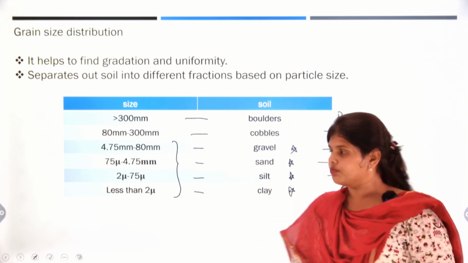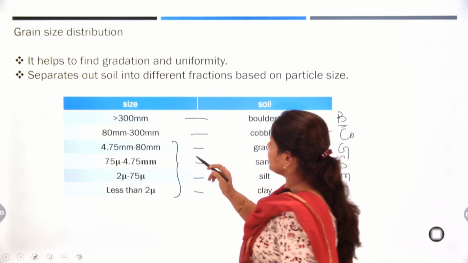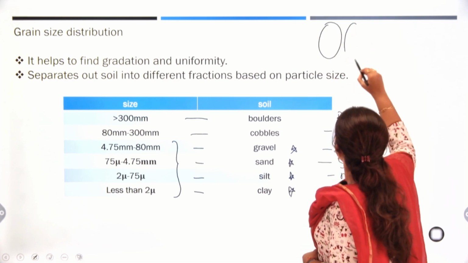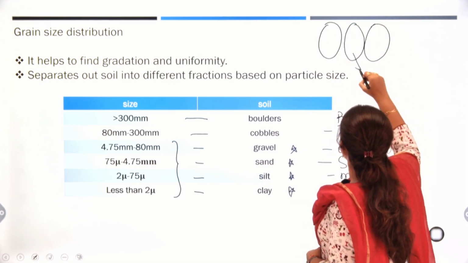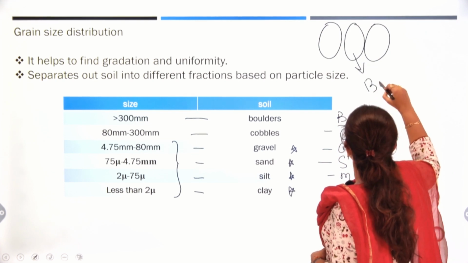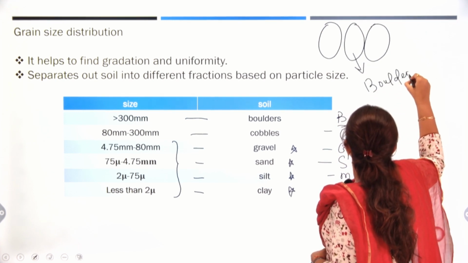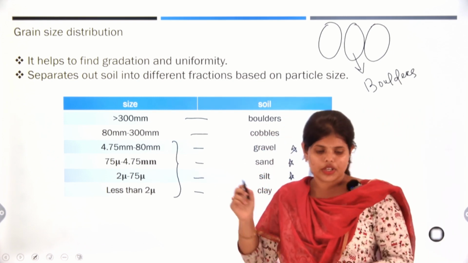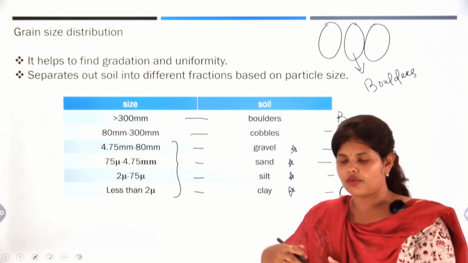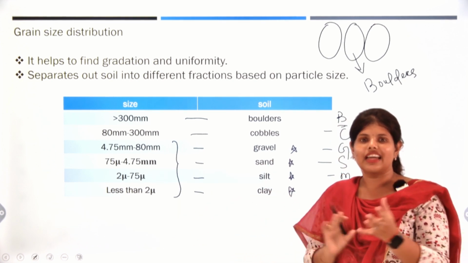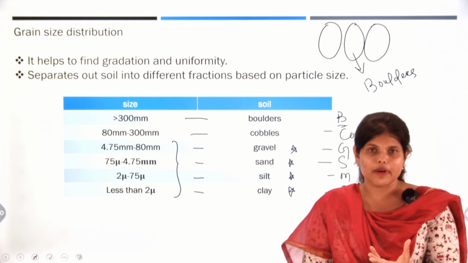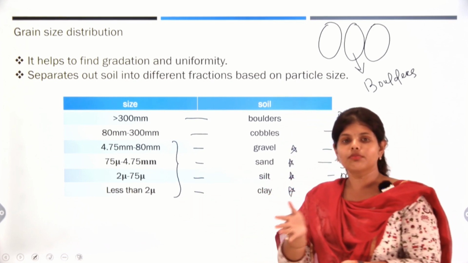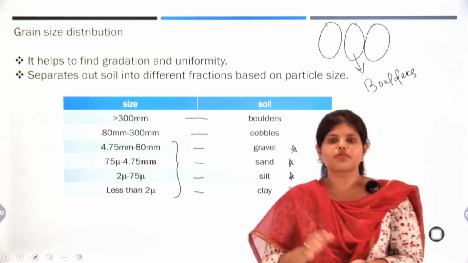If the soil size is greater than 300 mm, we term it boulders. If we go outside and see any particle size, we can say there are some cobbles there, there is some sand.